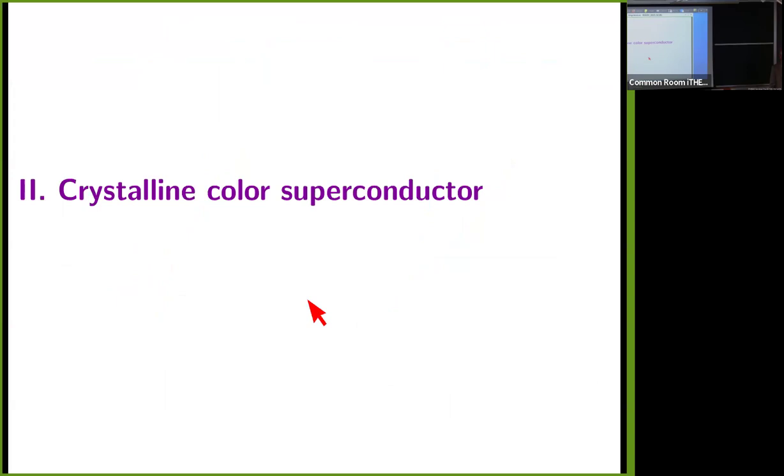Okay, so this is the big picture that we're operating in. Now, let's start with the first example of a solid phase, and that is the crystalline color superconductor. So for this, I'm going to review a little bit of what I talked about last time.